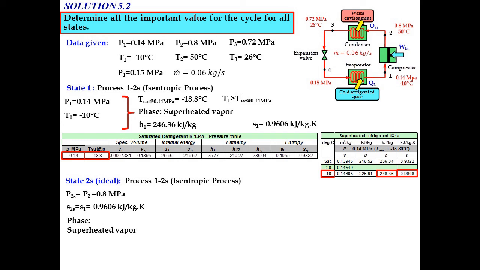But if you still want to check the phase, you can use the same method, using the saturated refrigerant R134A table, as I mentioned in state number 1. Let's say we already confirmed the phase is superheated vapor for state 2s.